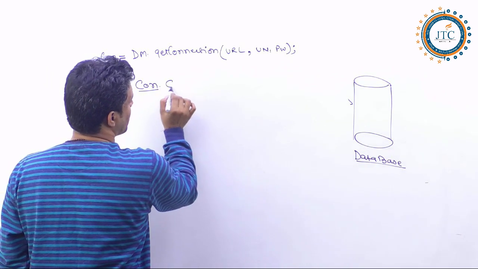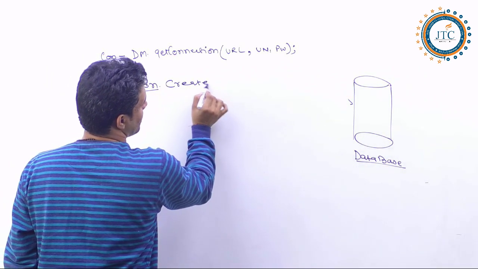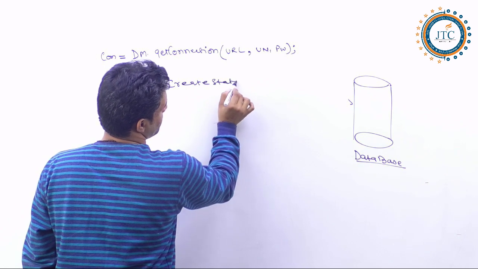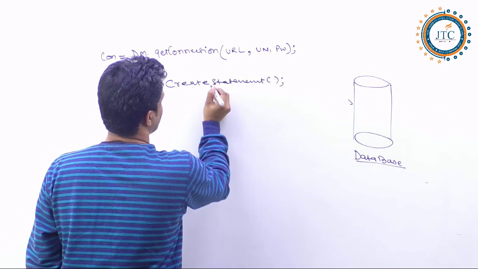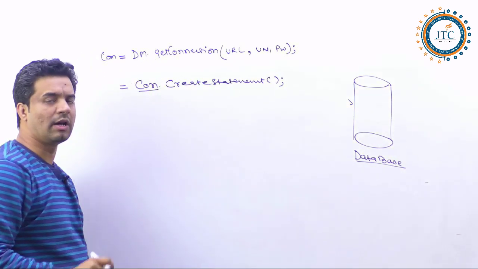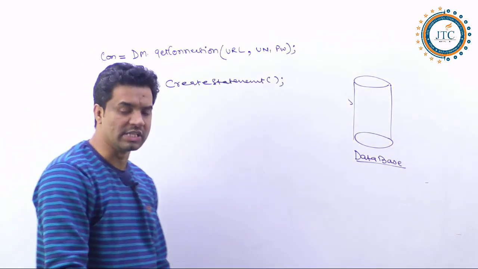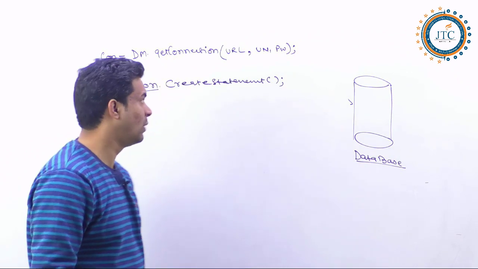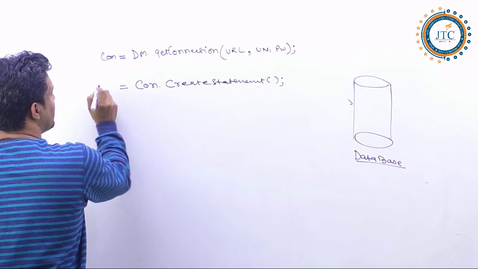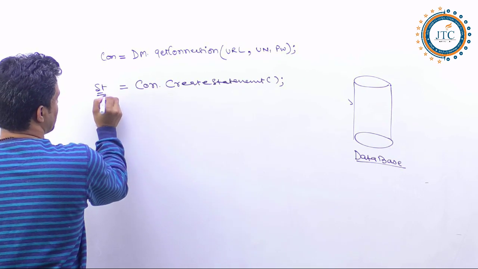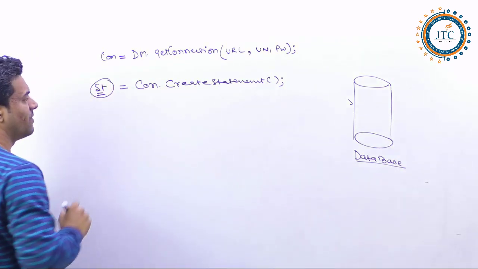So you write con.createStatement, one method that you are using here. When you use the con.createStatement method, it gives you exactly the Statement type of object.